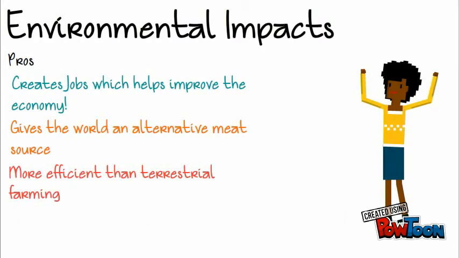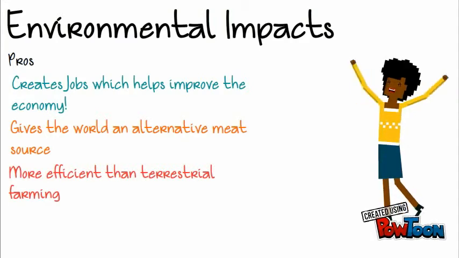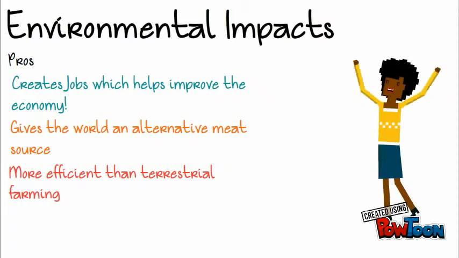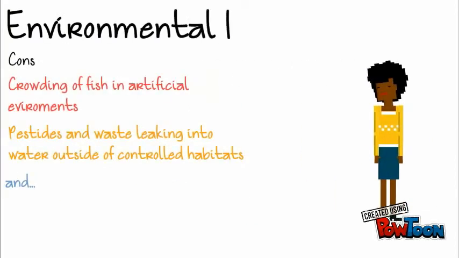Some positive ways that aquatic production impacts the environment is it creates jobs, which improves the economy. It gives the world an alternative meat source, which helps lower the amount of methane pollution, and also it is more efficient than tourism. Although there are some positive impacts, there are also some negative.